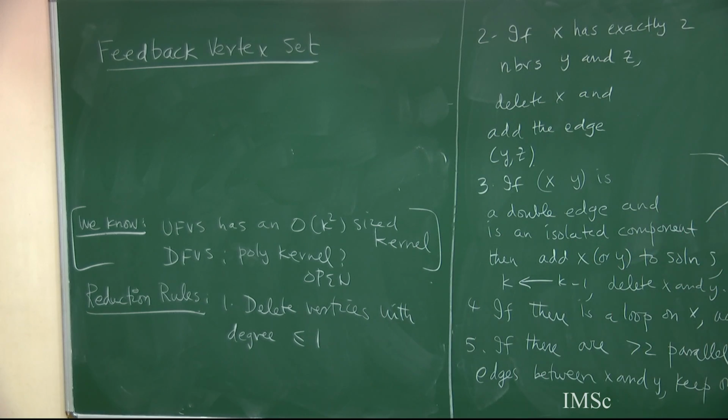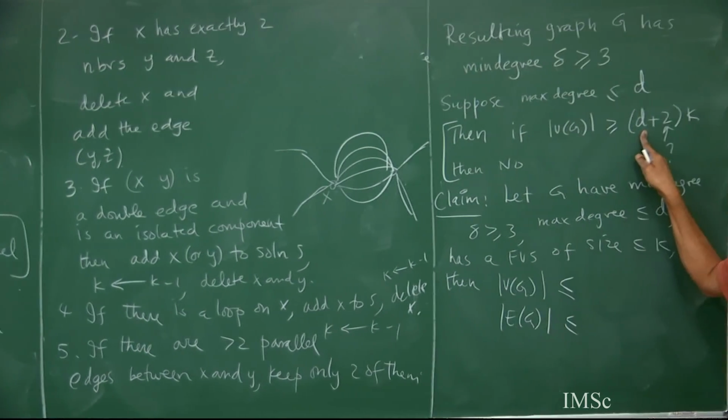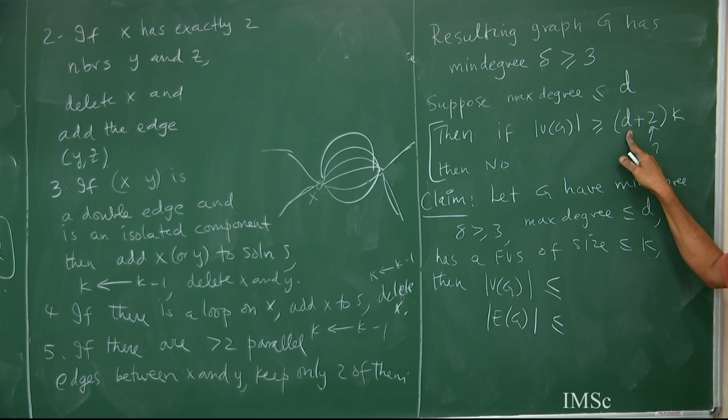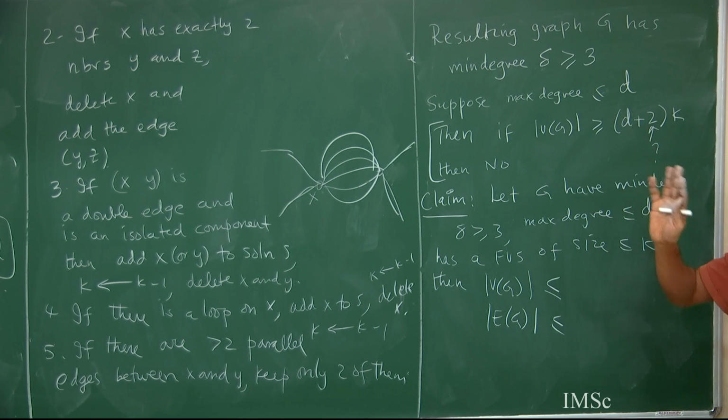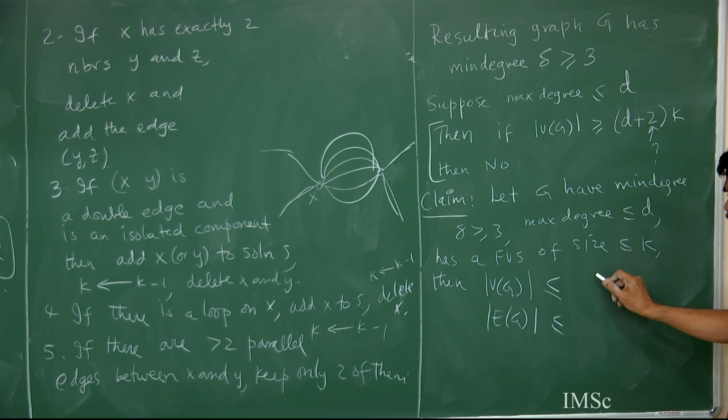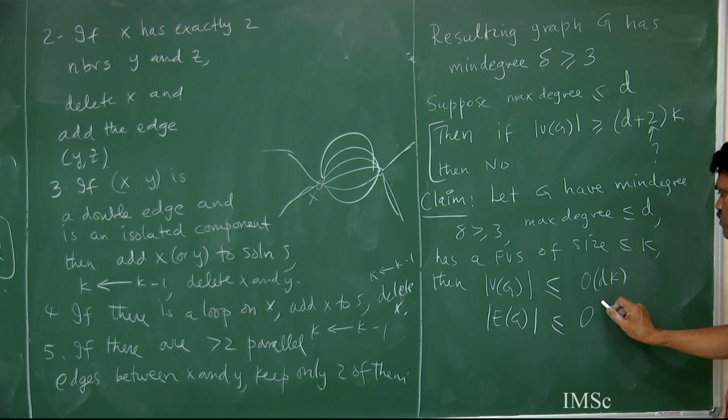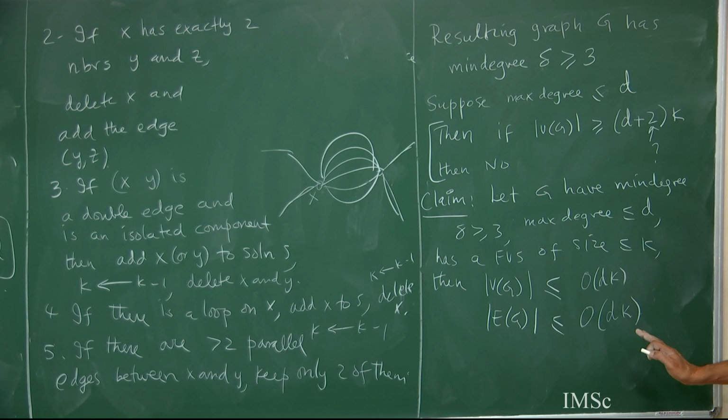Which means that if you have a rule to handle vertices with degree more than some ck, then you have a k-square sized kernel. Both would be something like order dk is what I am going to show. This is the claim. Exactly what it is we will figure out.